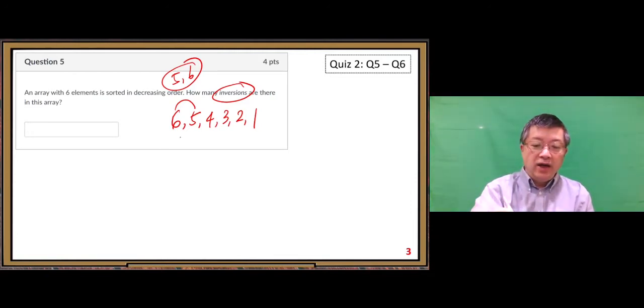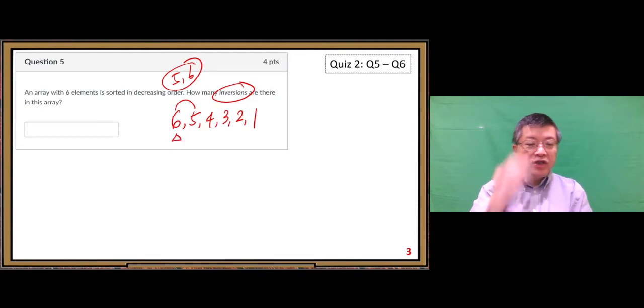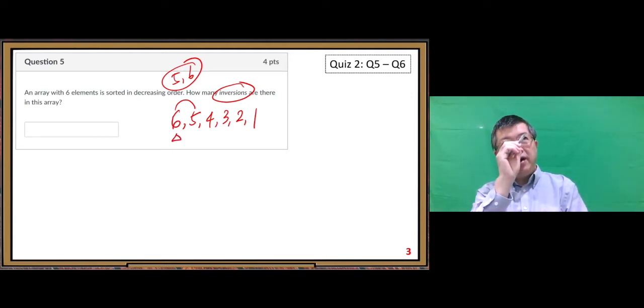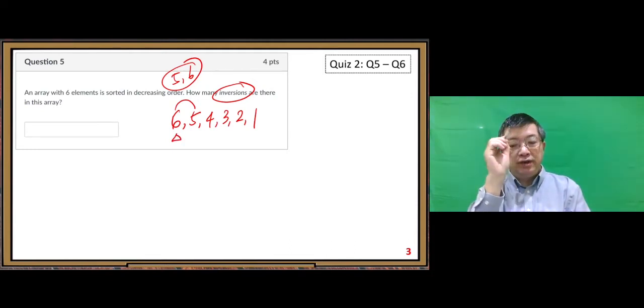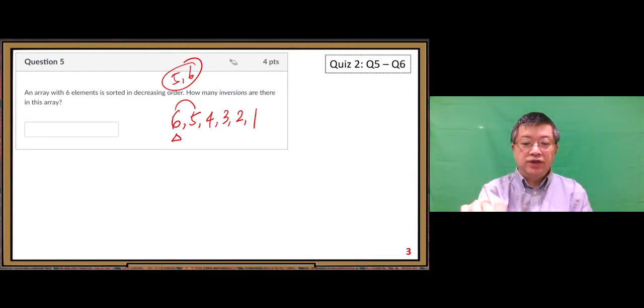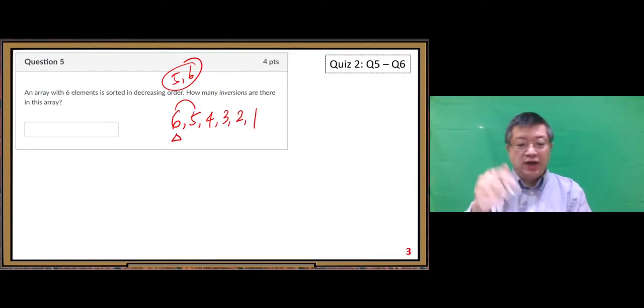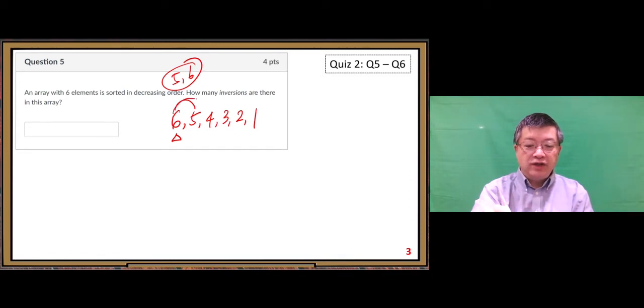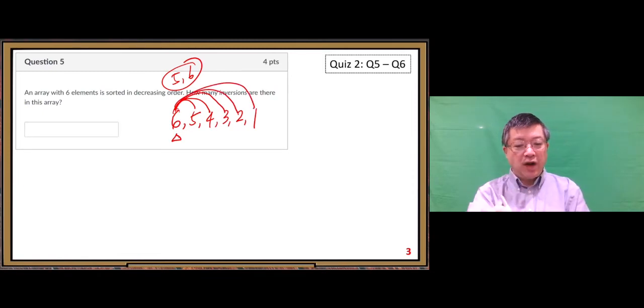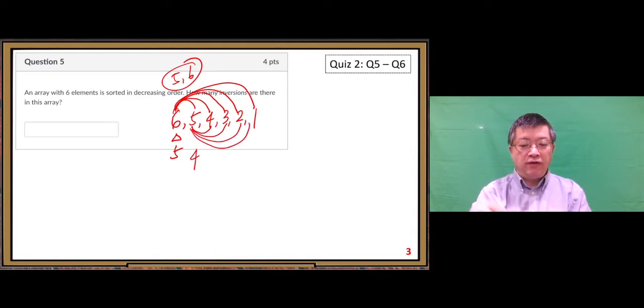When we use 6 to compare and count inversions, we start with 6: 6,5; 6,4; 6,3; 6,2; 6,1. Starting with 6, we have 5 inversions. Starting with 5, 4 inversions.